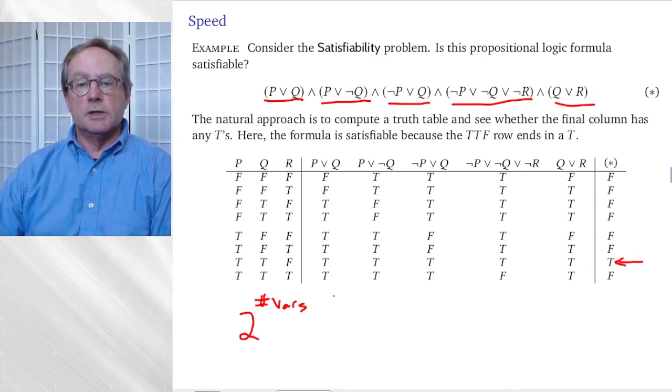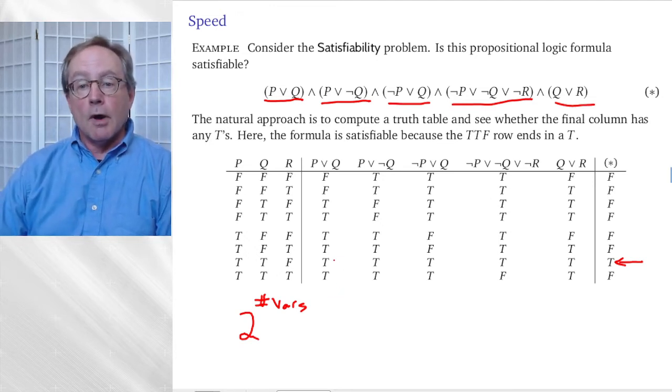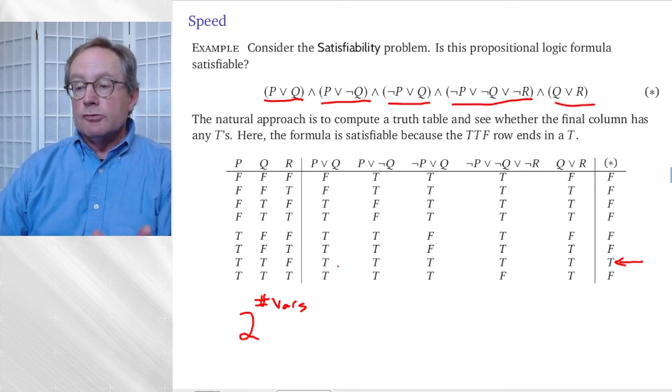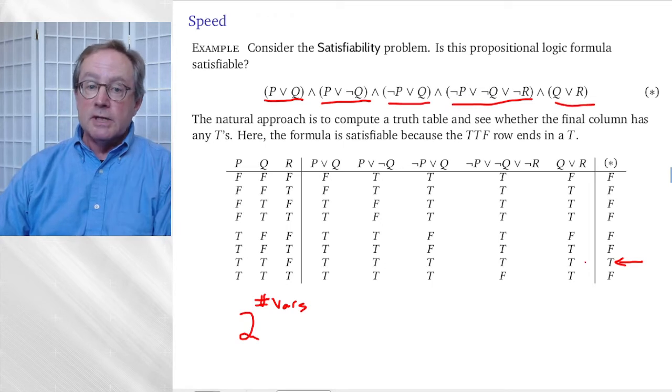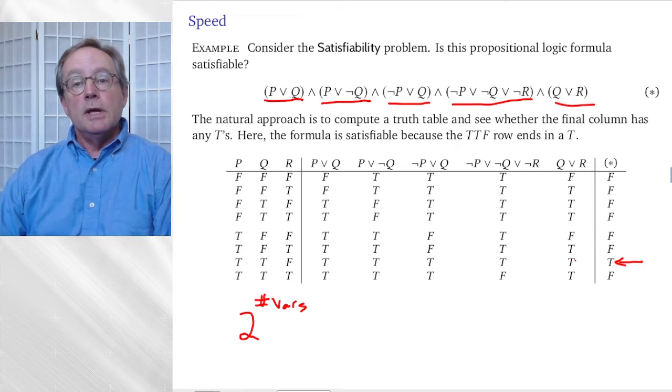But a non-deterministic machine that can either guess the right line, or that can listen to a daemon, try the TTF line and then deterministically verify, because you can't believe a daemon, you have to check it, appears to be able to do it very quickly. So it appears that there is a speed difference between a serial machine, a deterministic machine, and a non-deterministic machine.